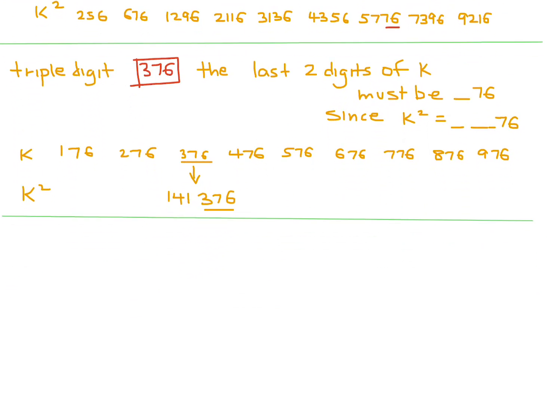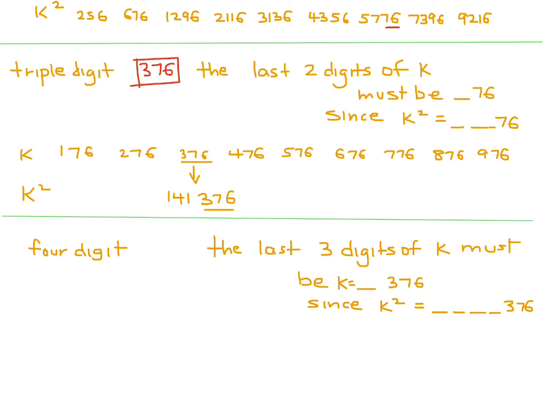We have to go to the last scenario, which is a 4-digit number. For a 4-digit number, the last 3 digits of k must be 376. So once again, there's only a few 4-digit numbers that end in 376, and of course they are 1376, 2376, and so on.